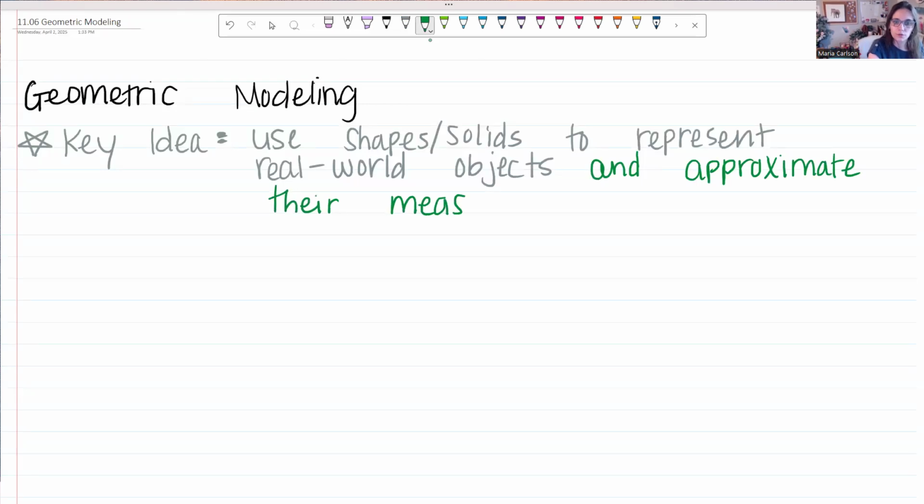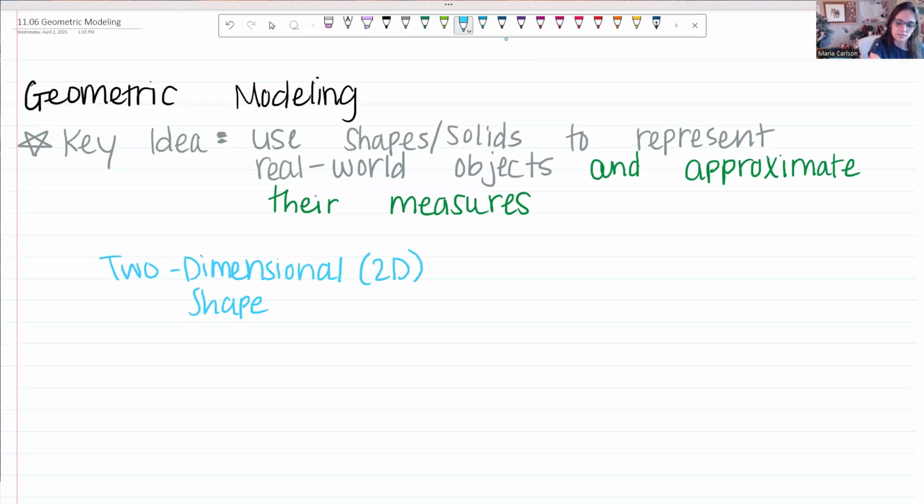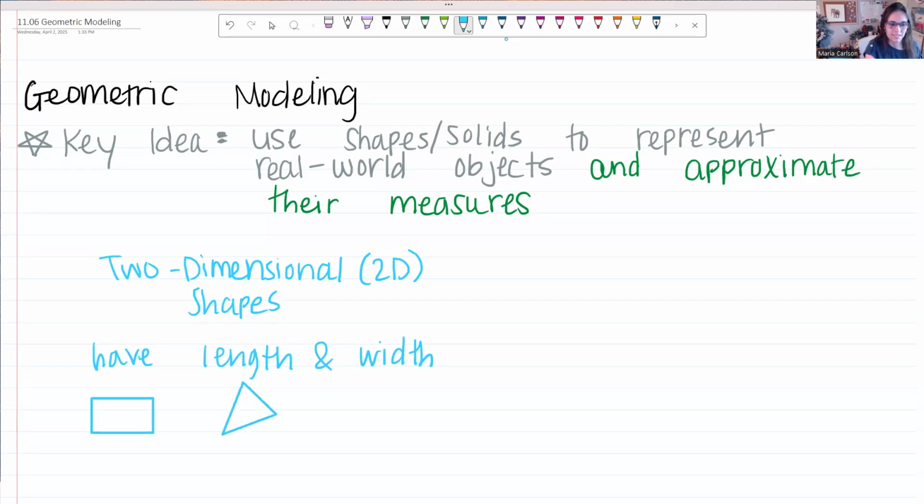Now, what you can determine about an object depends on whether it is two-dimensional or three-dimensional. So two-dimensional shapes, what we call 2D shapes, have length and width, like a rectangle or a triangle has a base and a height.